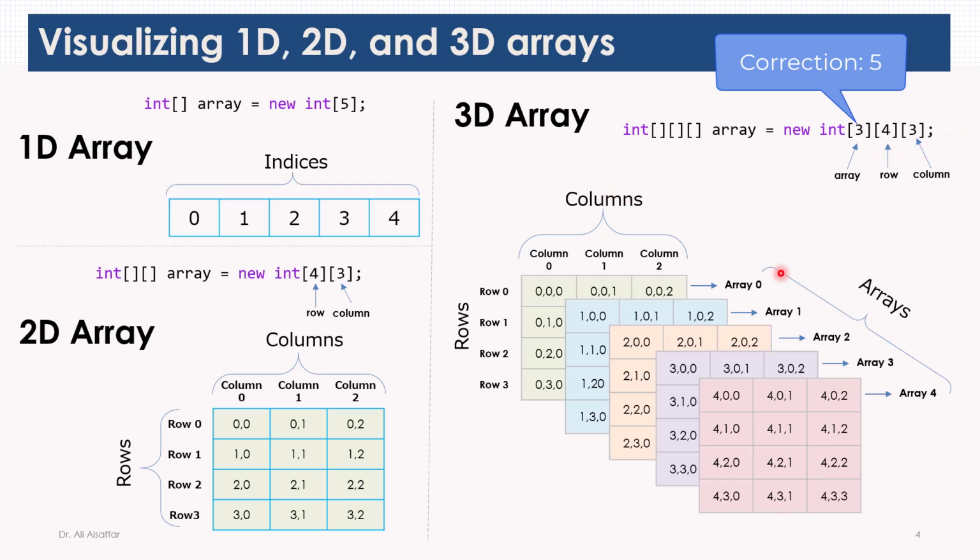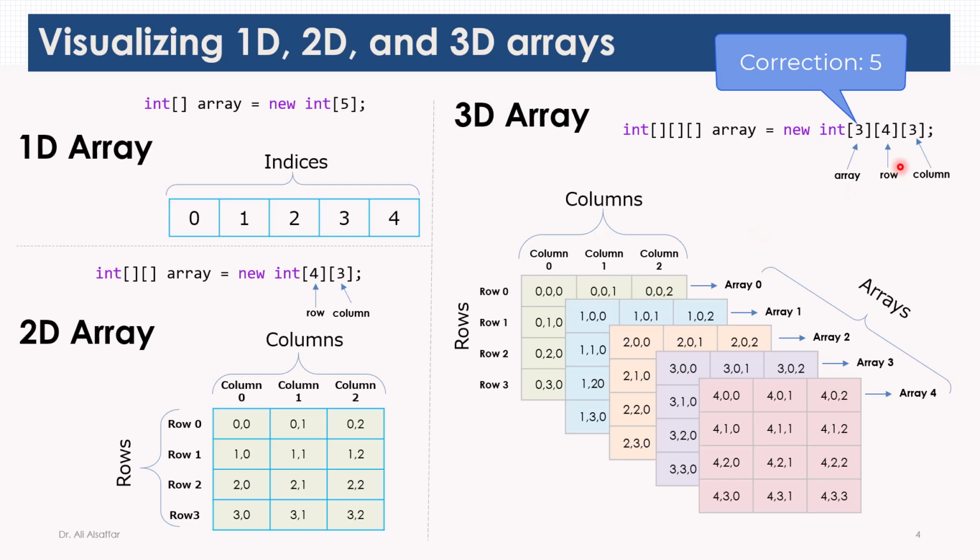Or you can visualize them as layers. So this is the first layer, and this is the second layer, which is a table. As you see, this table is at the lowest level, at index 0 of the first array. And the second table is at index 1 of the array, so we say it is at level 1. And then the next 2-dimensional array is at level 2, so we say that it is at index 2.